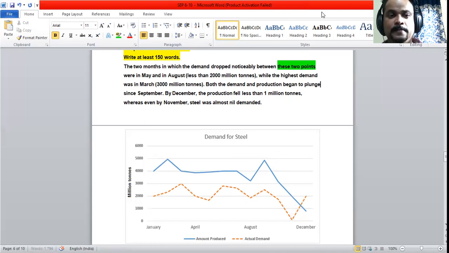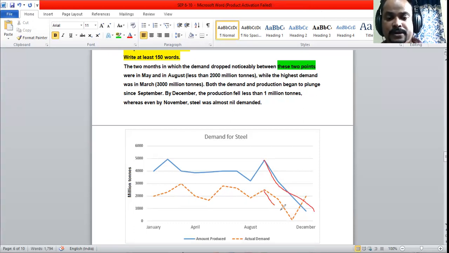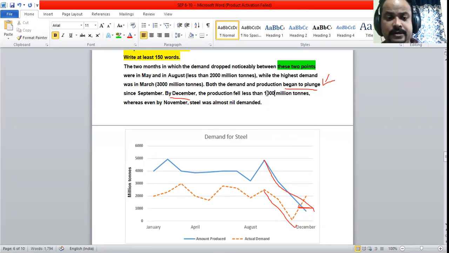Now you can see that. I'll draw that from September. The demand and the production started plunging, began to plunge. By December, the production fell. So this process was initiated. In December, the production fell to less than 1 million tons. So it is not 1 million tons, it is 1,000 million tons.